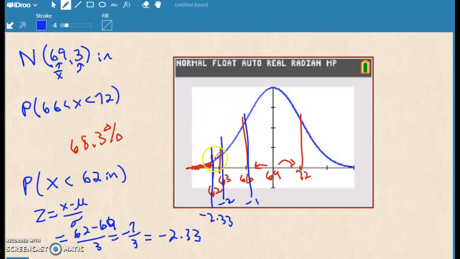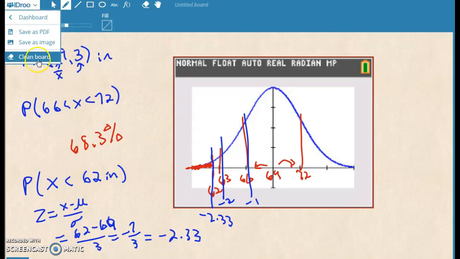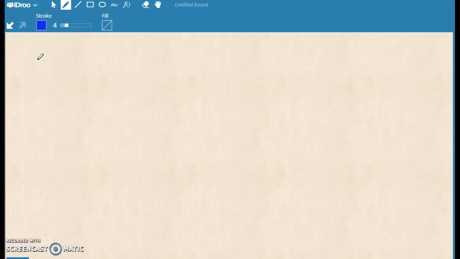Now, what can we do with that? Well, in order to find area under a curve, we would need some geometric shape or calculus. And our course doesn't require either of those. So what we'd be looking for here is some form of technology to help us evaluate what is the probability of an x less than 62 inches, right?